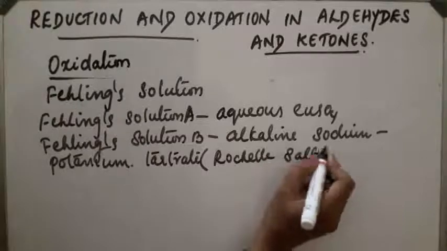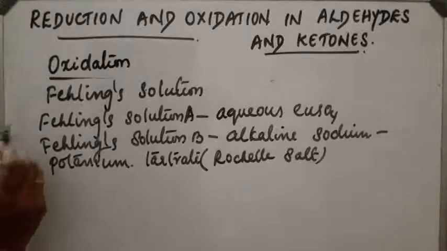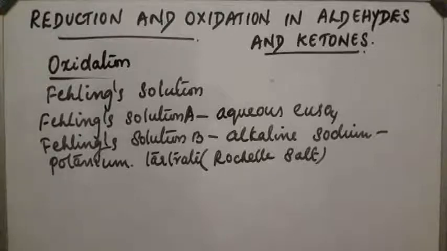So these are the two solutions. Fehling solution A is aqueous copper sulfate, and Fehling solution B is alkaline sodium potassium tartrate. First, we have to take equal amounts of these two solutions. This mixture is called the Fehling solution. Equal amounts of Fehling solution A and Fehling solution B are taken before the test.